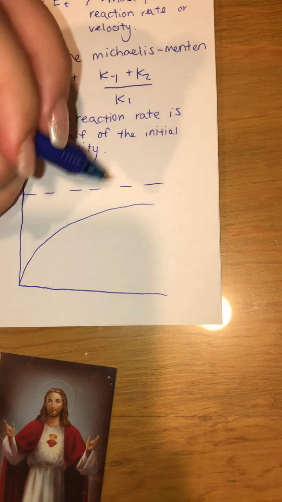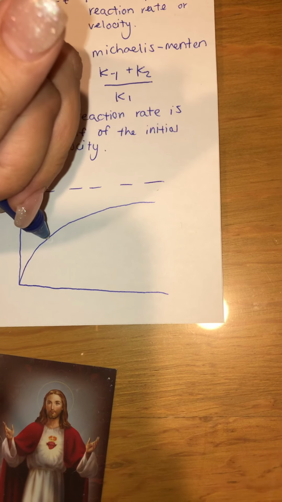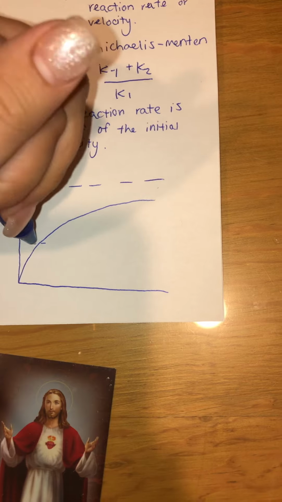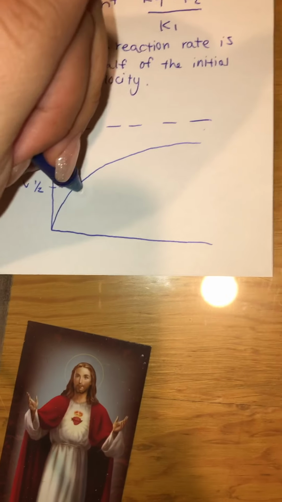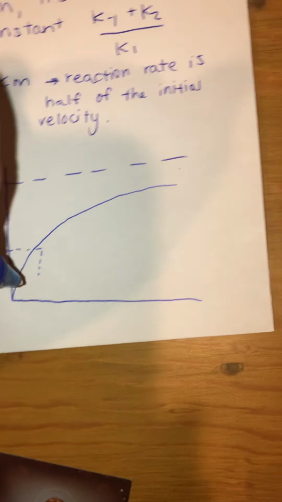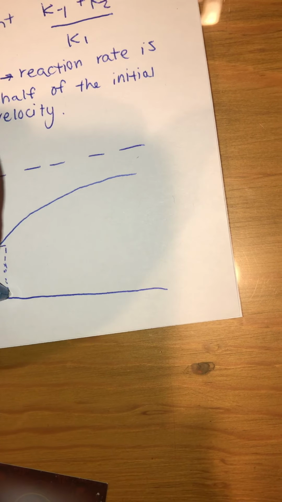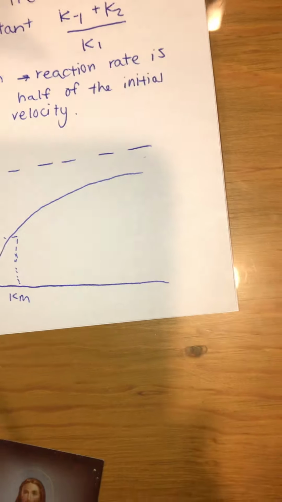Your half of velocity would be somewhere around here. And your Km would be right here.